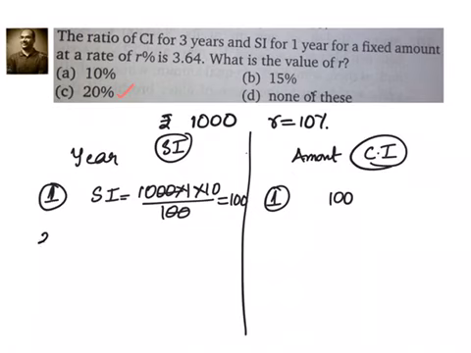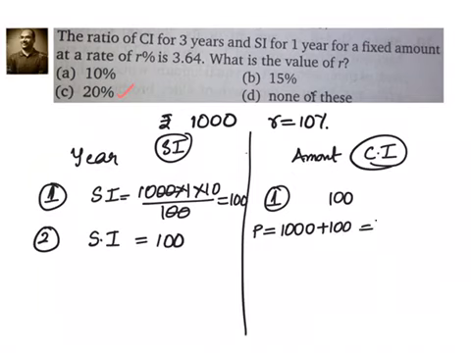Let's go to the second year. When I go to the second year, the SI will remain the same as 100. Now let's see for the second year what is our principal. Our principal is 1000 plus 100, which is equal to 1100. And what is our compound interest for the second year?